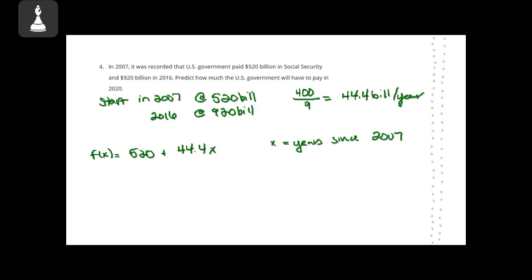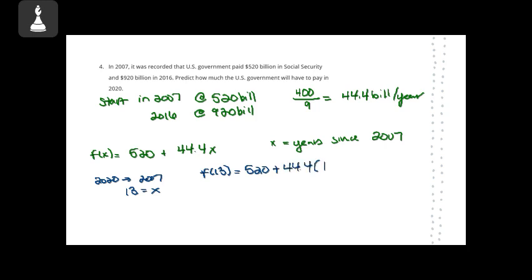So if I want to predict 2020, well, 2020 from 2007 is a difference of 13 years. So 13 is going to be my x. So 520 plus 44.4 times 13.